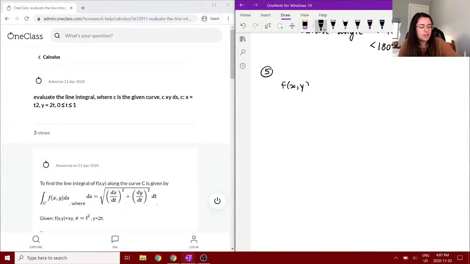But it's saying that the function is x times y, and this is representing the curve C. It also gives us that x is equal to t squared, y is equal to 2t, and t is within the bounds of 0 to 1, okay? And ultimately, it's asking us to evaluate the line integral.